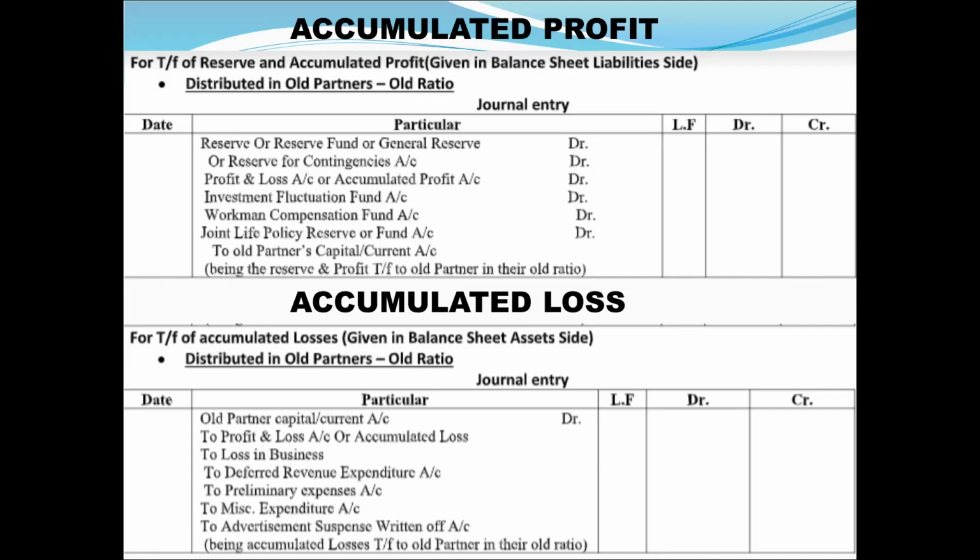This is what deferred revenue expenditure is. Then preliminary expenses.